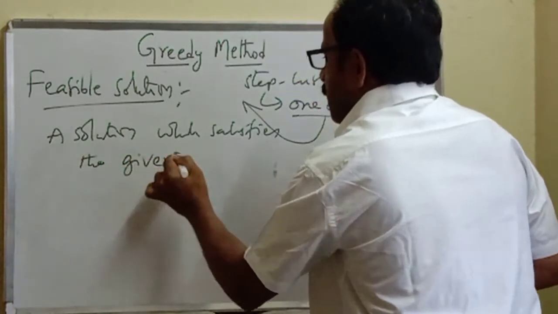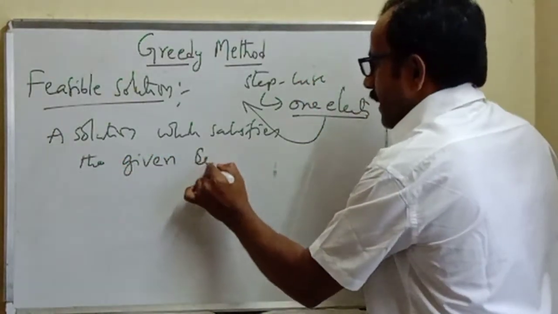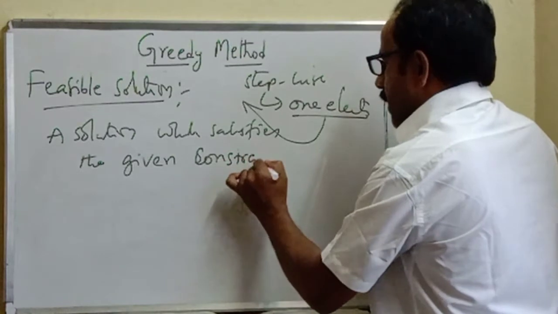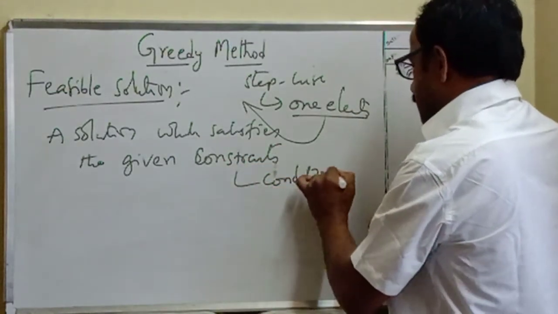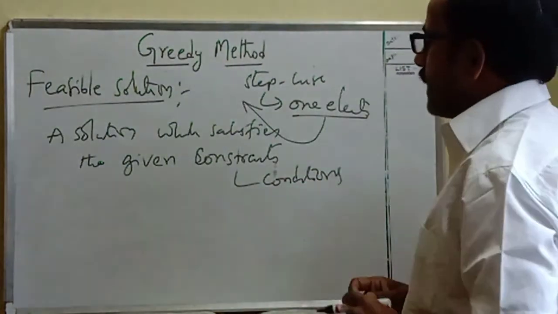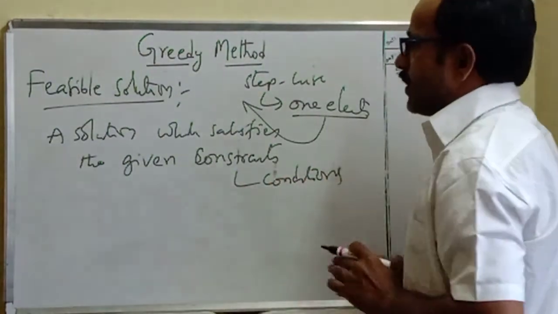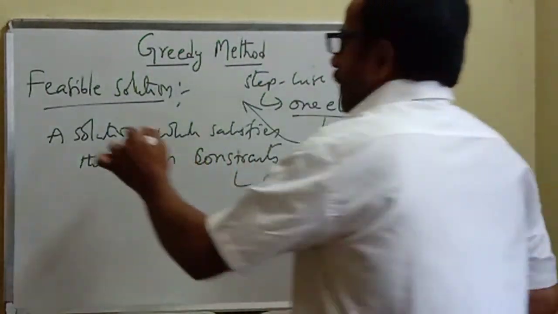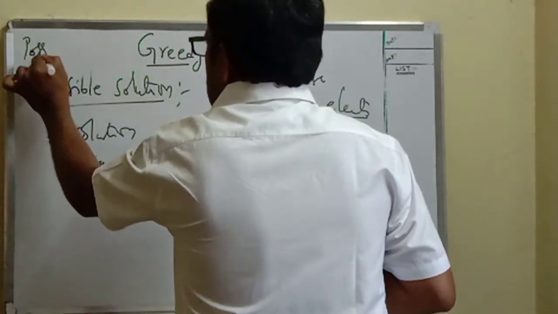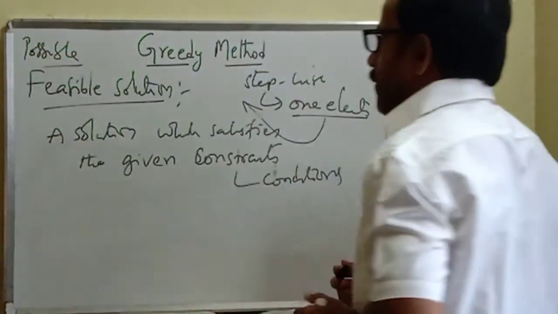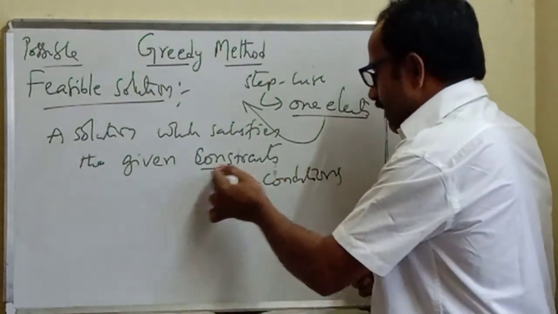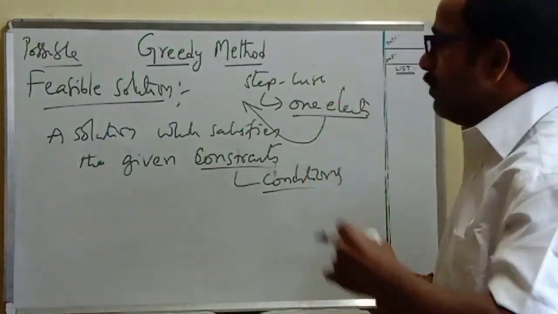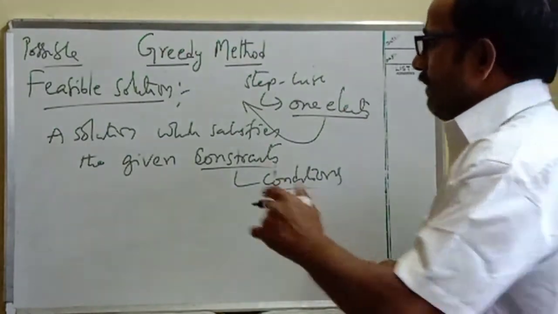Constraints mean conditions. Any solution which satisfies the given constraints or conditions is called a feasible solution. What do we mean by feasible? Possible solutions. So feasible solutions are the possible solutions which satisfy the given constraints or conditions related to the problem. I will give one example here.